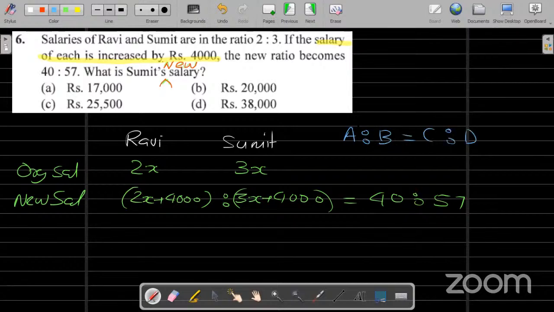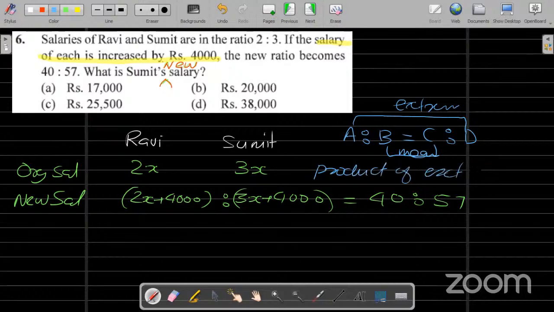Here A and D are called extremes, and B and C are called means. In any proportion, the product of extremes equals the product of means.